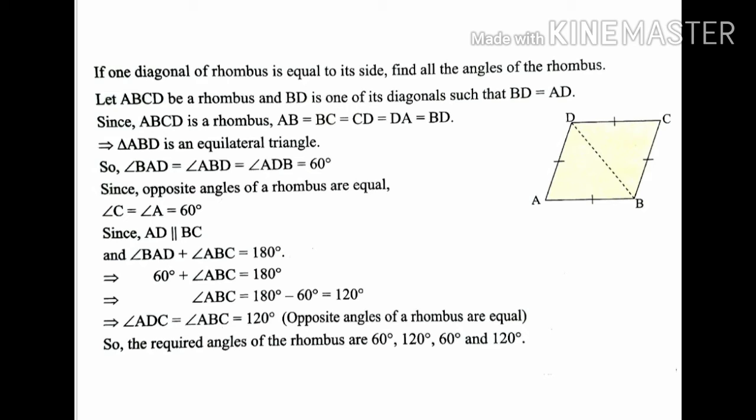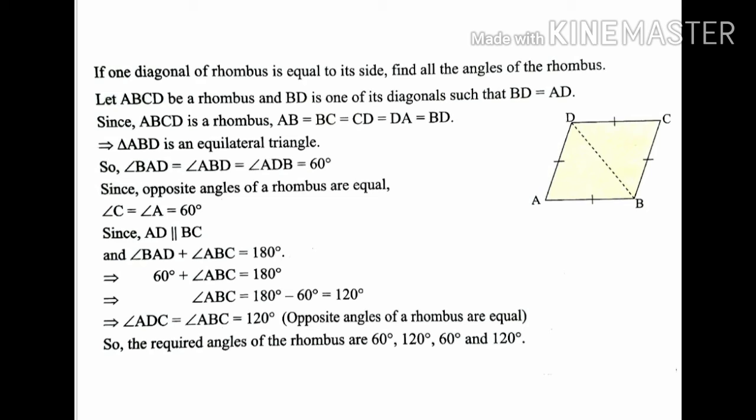But as per the condition of the rhombus, opposite angles are equal to each other. That means angle A is equal to angle C. If ABD is an equilateral triangle, angle A shows 60 degrees. Angle C also shows 60 degrees. That means AD is parallel to BC.